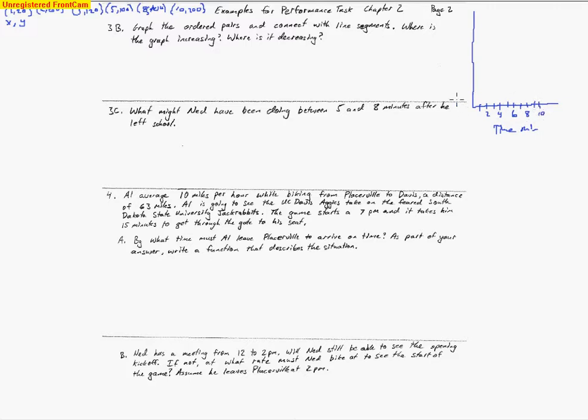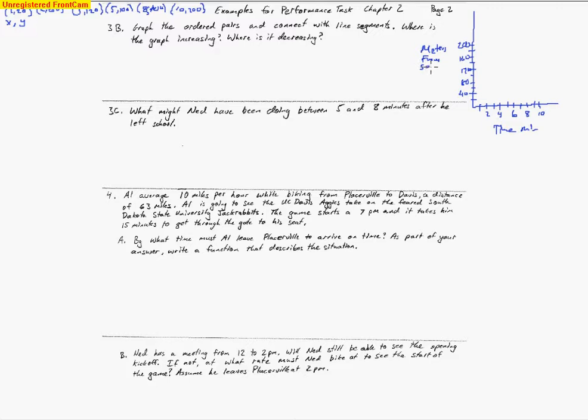Then we have to go up to 200, so I'm going to count by 20s: 20, 40, 80, 120, 160, and 200. Now I'll be able to fit everything. And this is the number of meters from school.